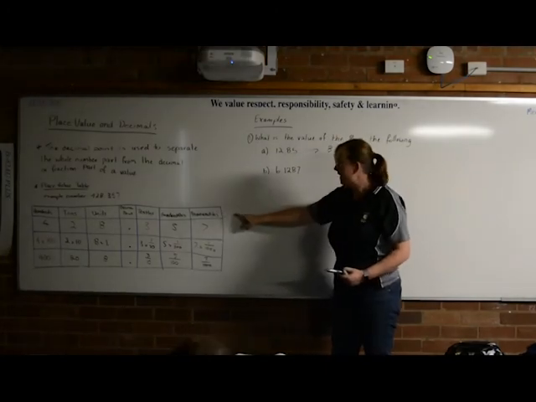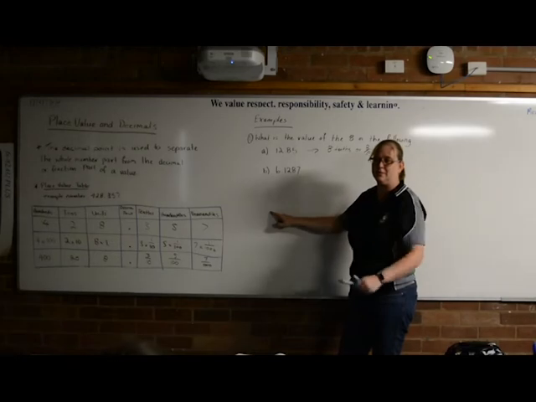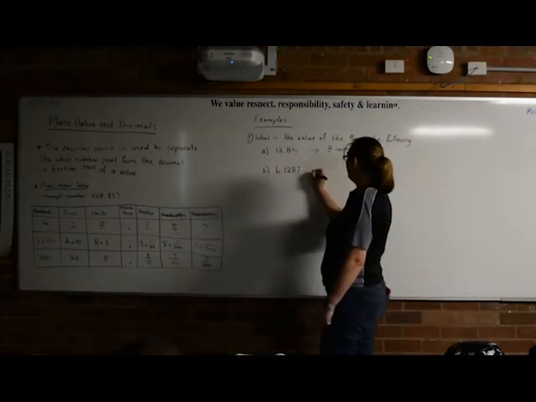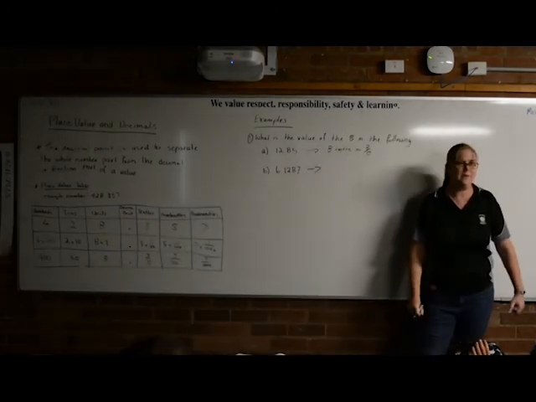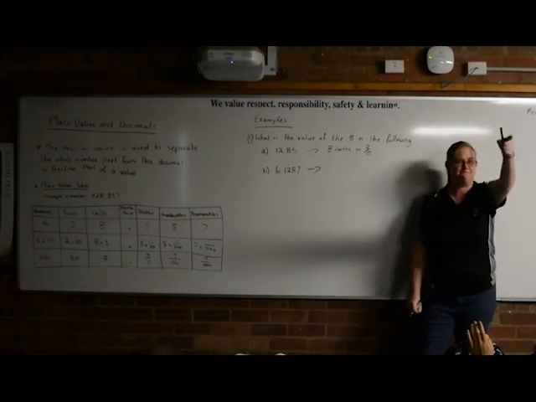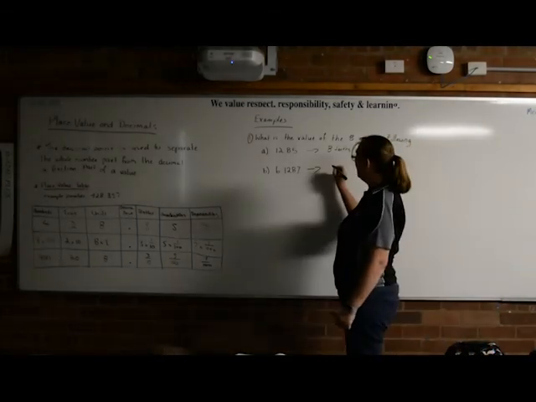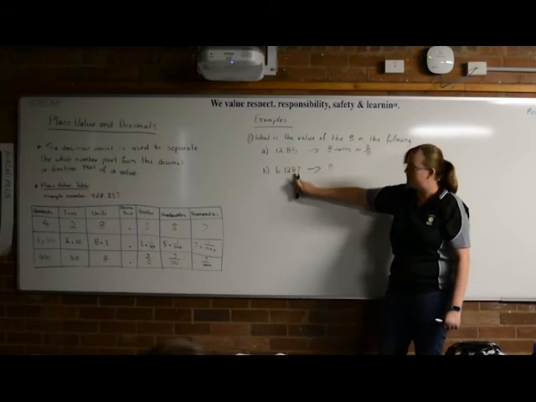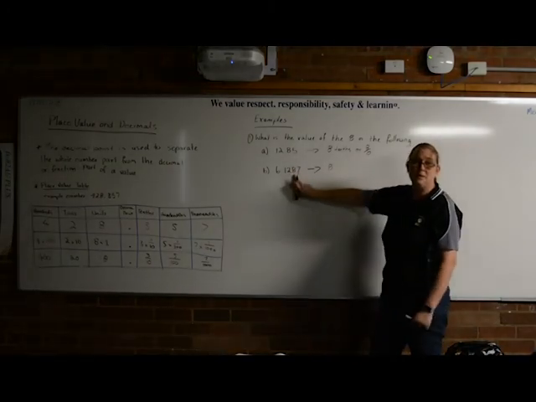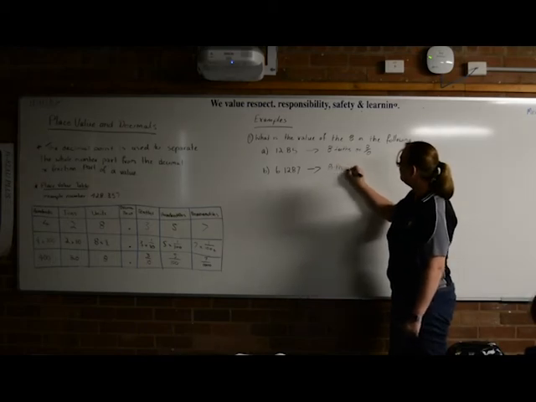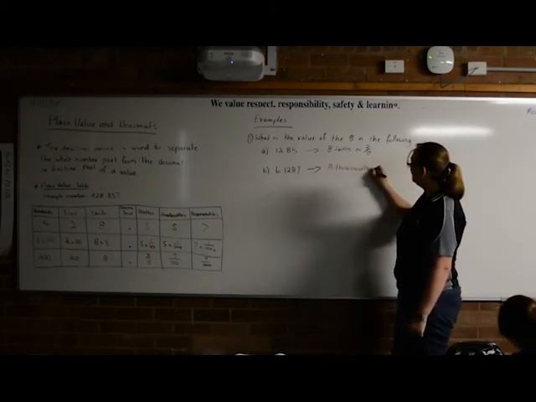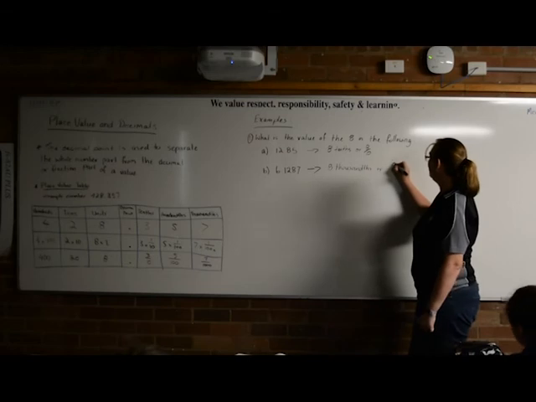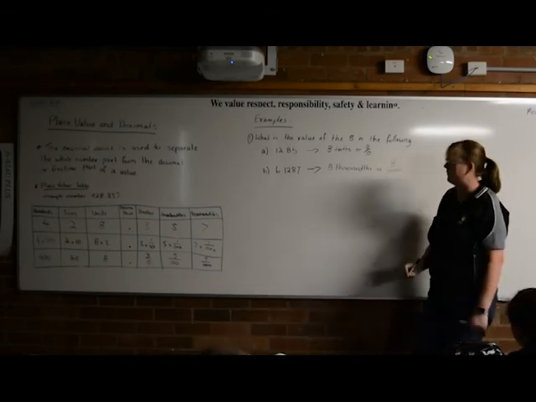What do you think the next place value might be? Tens of thousands, and then hundreds of thousands, etc. So what does that make the second one? We've got tenths, hundredths, thousandths. So it's going to be 8 thousandths. Or, how can I write it? 8/1,000.